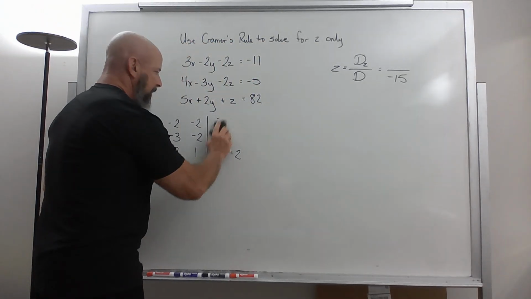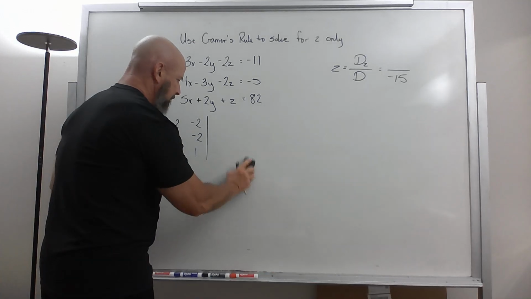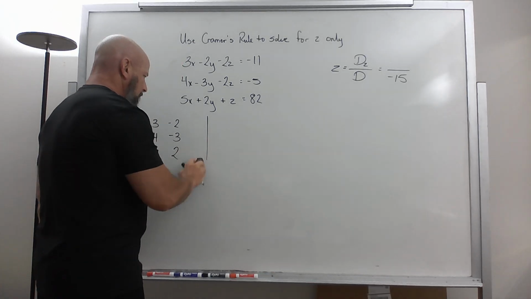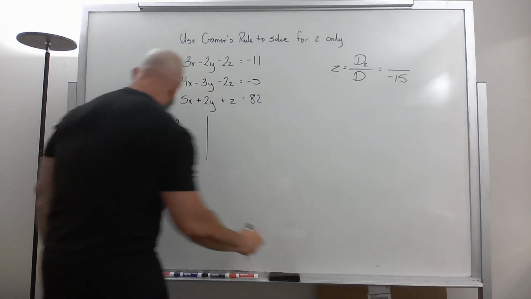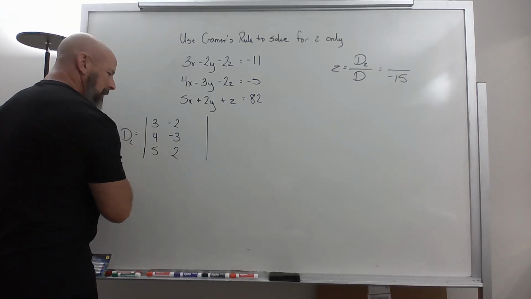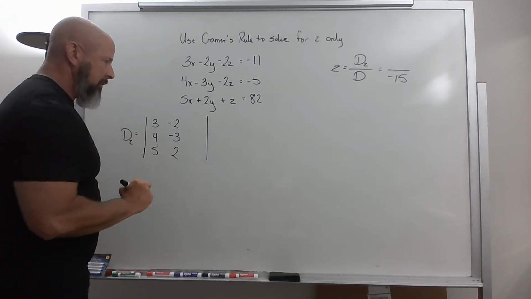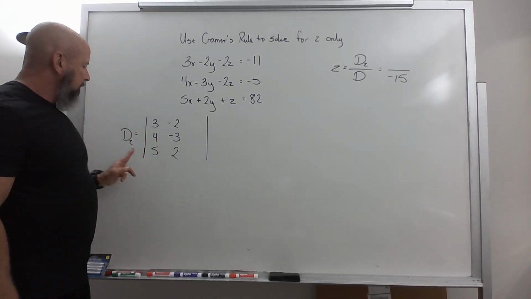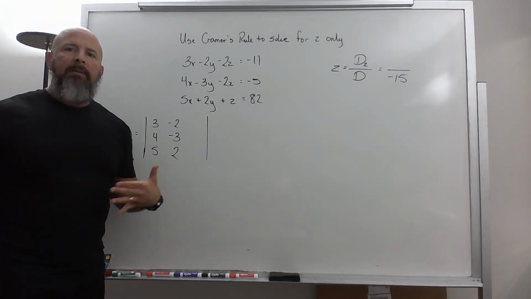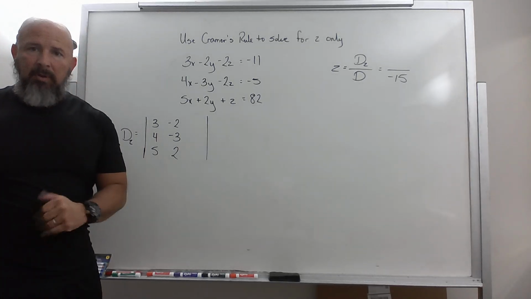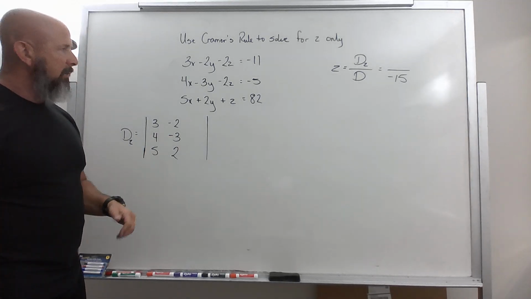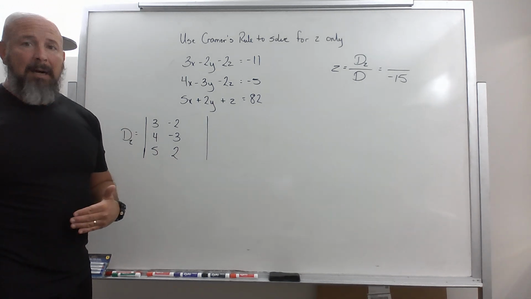And as you saw with that part, some of the worst parts of dealing with a 3x3 is just simply all of the calculations. It takes quite a bit. So D with respect to Z, what we want to remember is that the answers to each of the linear equations replace the Z column.